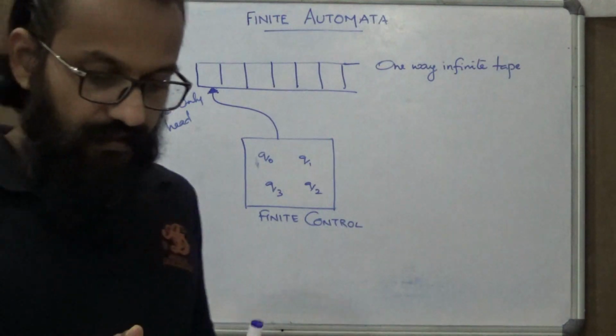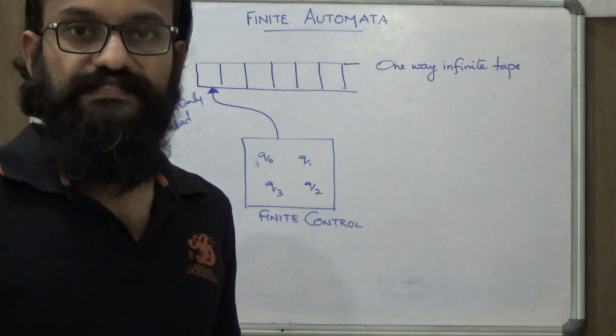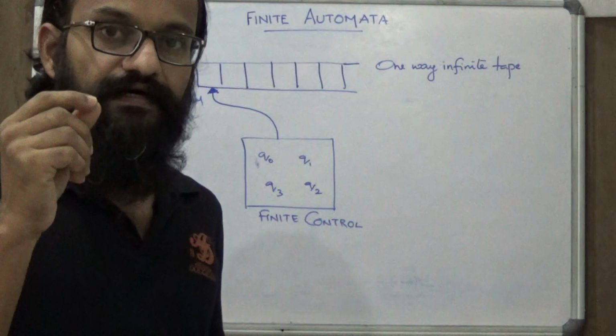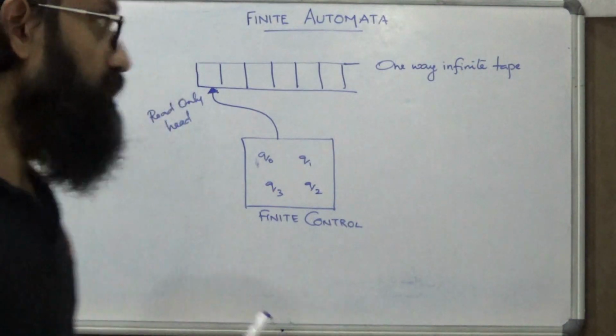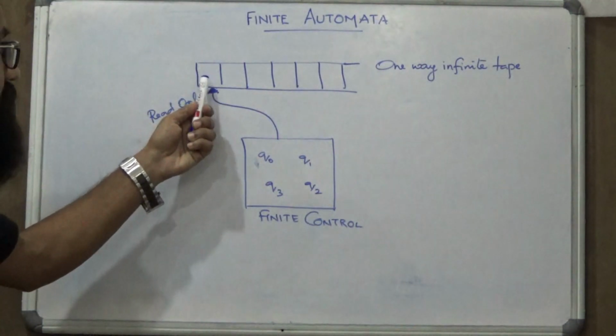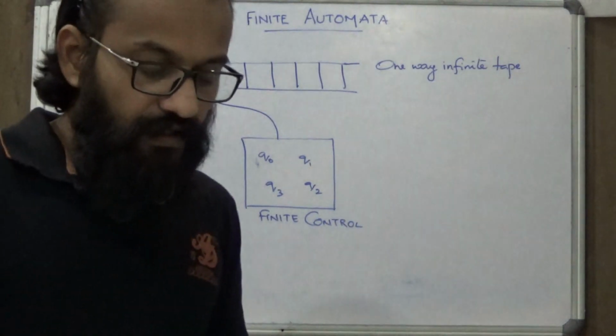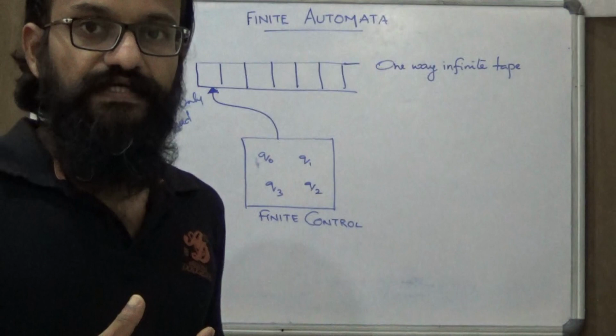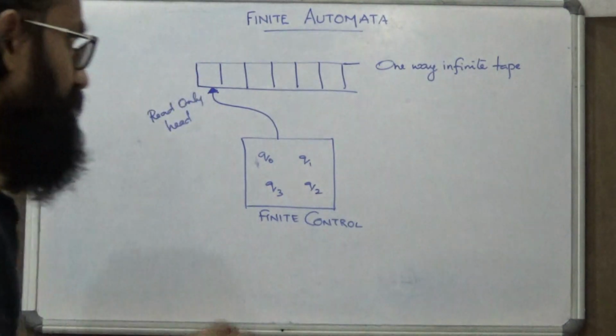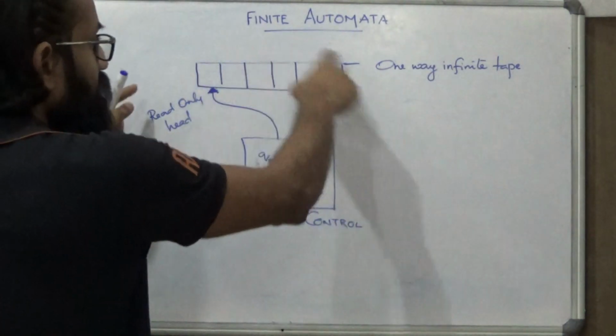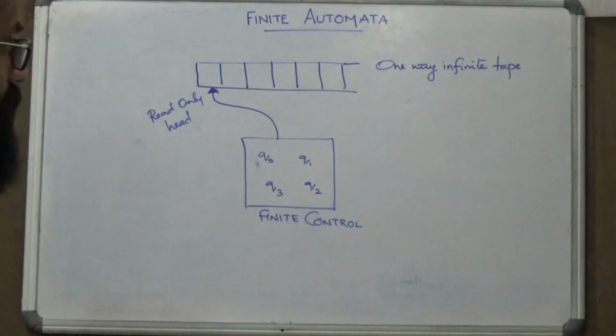And here we proceed based on the assumption that initially this read-only head will refer to the leftmost cell of the one-way infinite tape. Now this machine actually transitions within it. These three components together form finite automata.